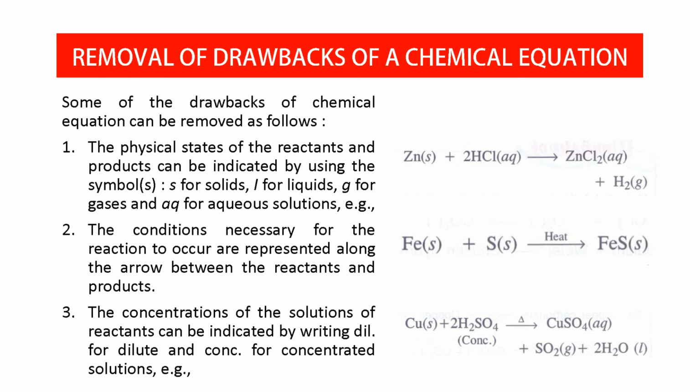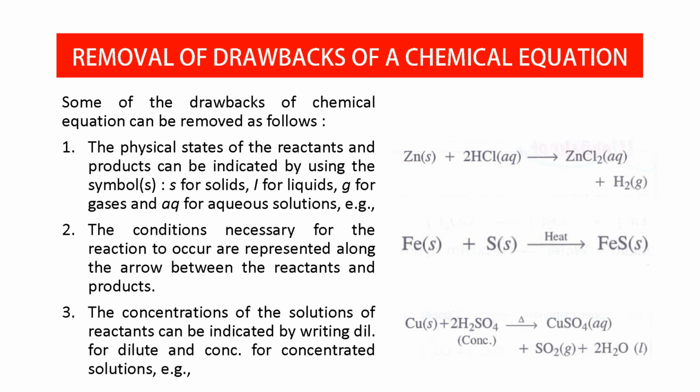And the third point, the concentration of the solution of reactants can be indicated by writing DIL for dilute and CONC for concentrated solution. In this example you can see copper, which is in solid state, plus H2SO4. You can see that below the H2SO4, CONC is written.